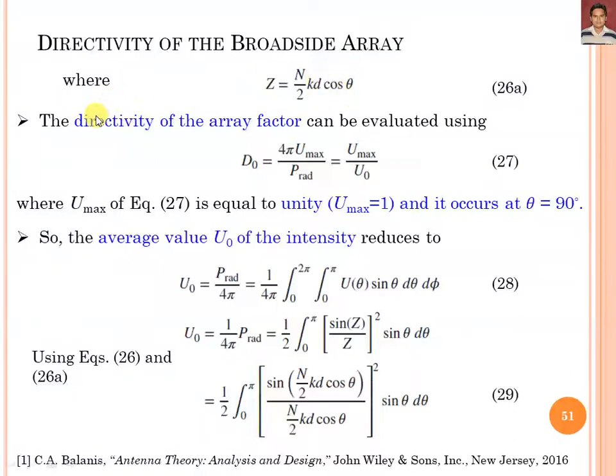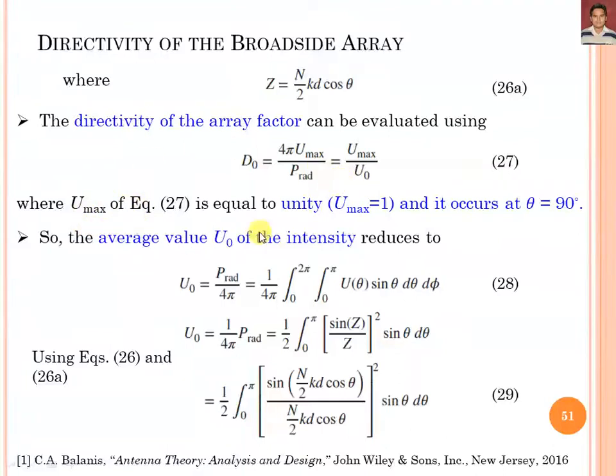The directivity of a generalized array we can calculate by using this expression, which is also valid for other antennas. It is defined as U maximum upon U naught, where U maximum is the maximum radiation intensity and U naught is the radiation intensity with respect to an isotropic antenna.